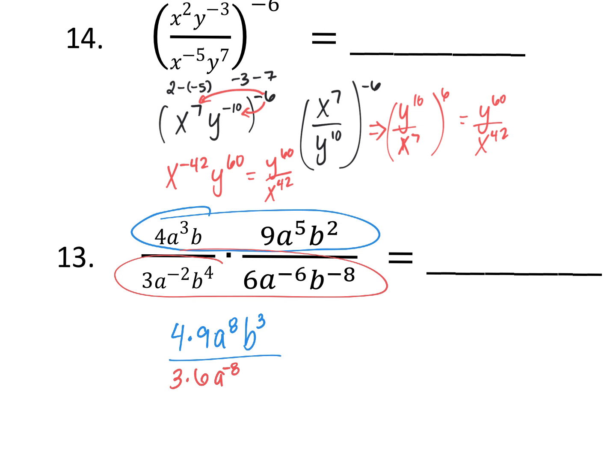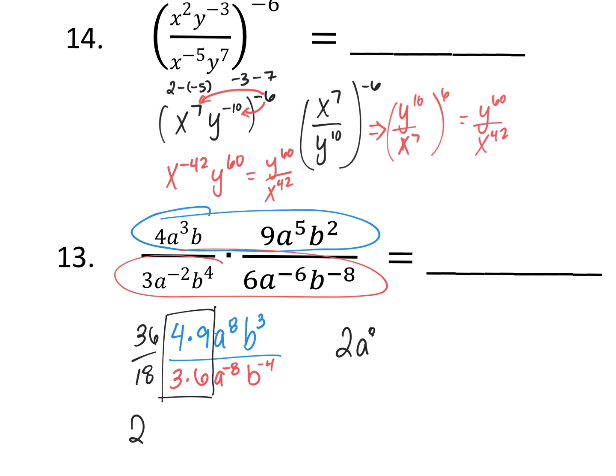And b, 4 plus negative 8, negative 4. Now, can I simplify this part? Well, isn't this 36 over 18, which is 2? Okay, so I get 2.